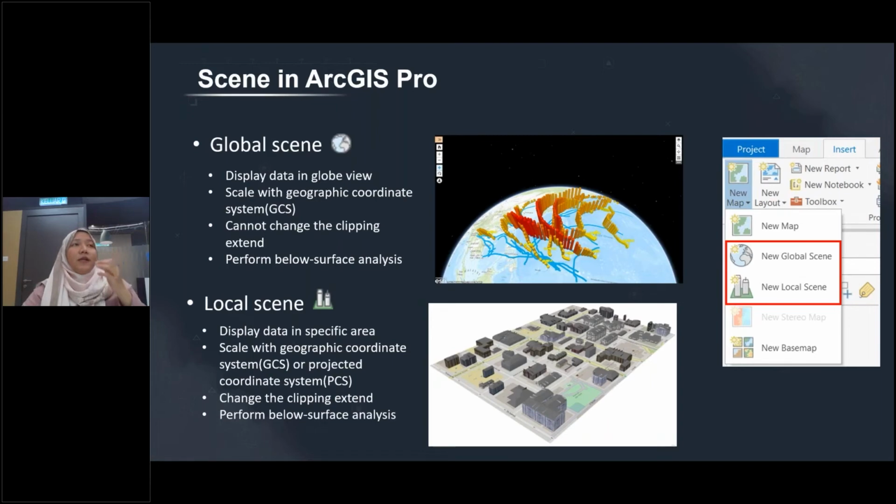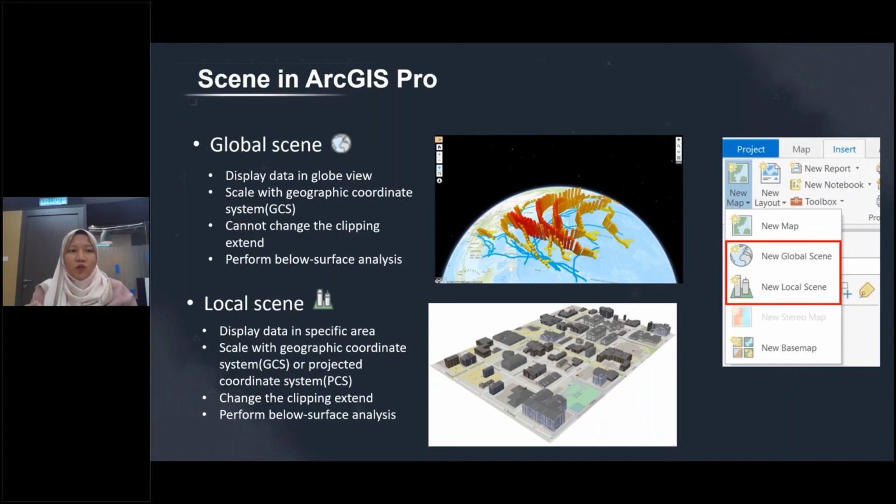The global scene displays the data in the globe view. But for the local scene, if you want a more detailed structure, you can do it in the local scene. You have a specific area that you want to focus on inside the map, inside the world, for example.